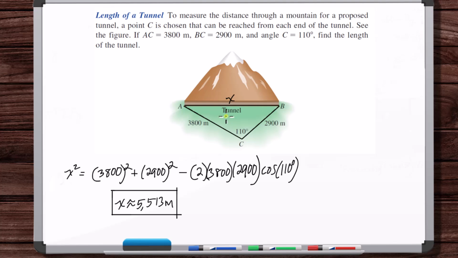That's it. Now, if we wanted to, we could continue to solve for these other angles, but we don't need to for this application. If you want to continue to solve the triangle from a law of cosines problem, you apply the law of sines, but there are a few things you have to be aware of when you do that.